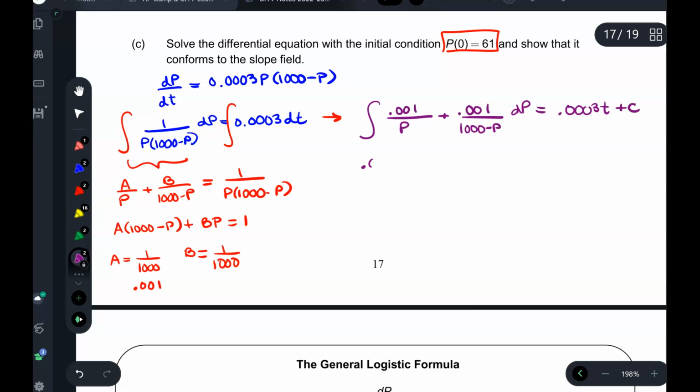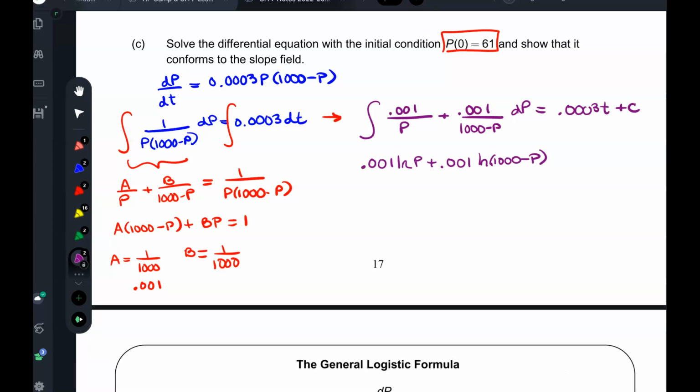Okay, so we have 0.001 natural log of p plus 0.001 natural log of 1,000 minus p divided by -1.